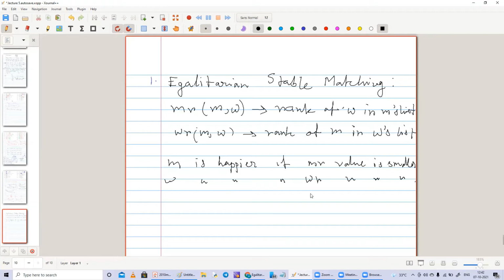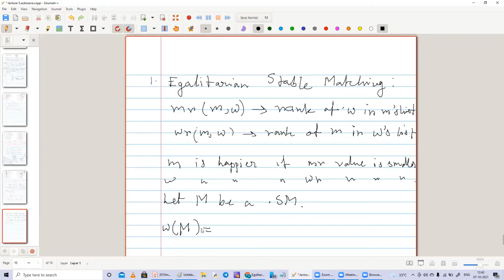Okay, so in this sense, we can say that for a given matching, let M be a stable matching.